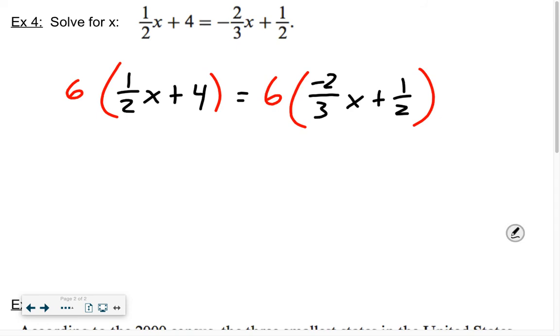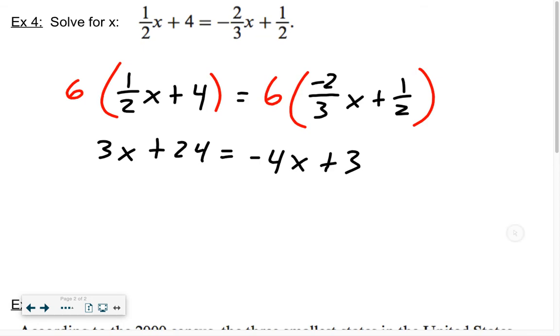If you can recognize that number, it's an extra step, you know. It seems like more work than what we're making it, but 6 times 1/2 is going to get us 3. Now understand you have to distribute there to the 4 to get 24. 6 times negative 2/3, negative 4x.